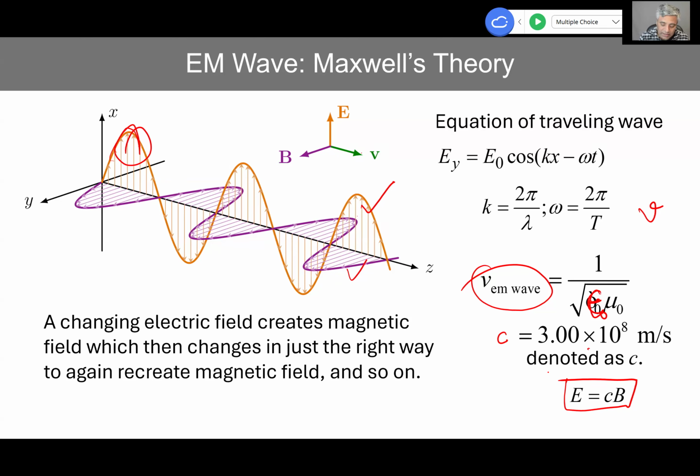And since wavelength and frequency are related, c is f times lambda. So we may talk in terms of wavelength or frequency, because c is fixed: once we know the wavelength, we know the frequency. They are inversely related. So when wavelength is increasing, frequency is decreasing, and so on.